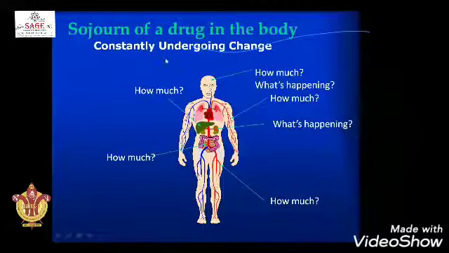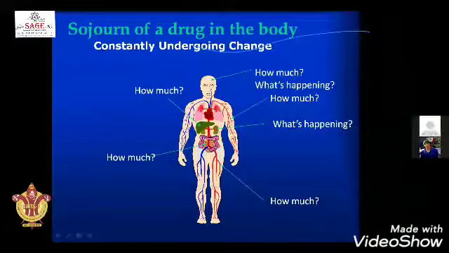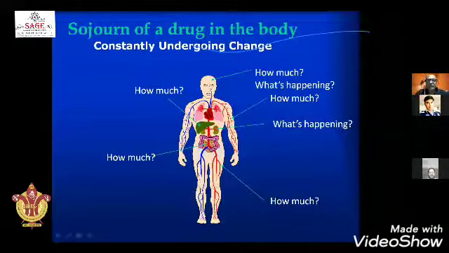This is the sojourn of the drug in the body, meaning the journey of the drug in the body. After the administration of the drug, what will happen to the drug? How will the drug move, how much drug will reach the liver, how much will reach the kidney, the arm, brain or legs, right, or the intestine?